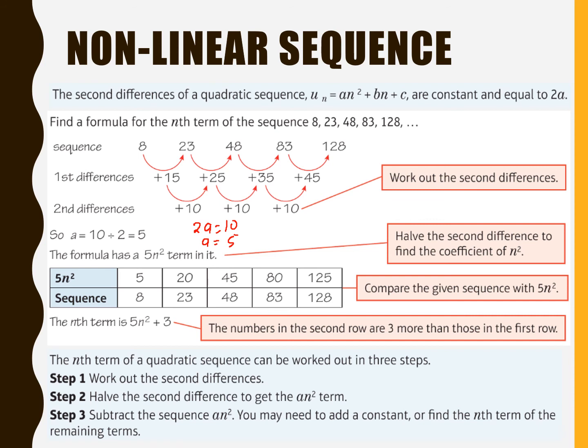This is the sequence for 5n squared. But we have a different sequence: 8, 23, 48, 83, 128. So what is the difference between the two? As you can see, you're adding 3: 5 plus 3, 20 plus 3, 45 plus 3. So the sequence has been shifted by plus 3, and your formula for this sequence becomes 5n squared plus 3.